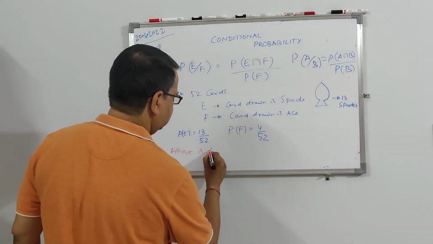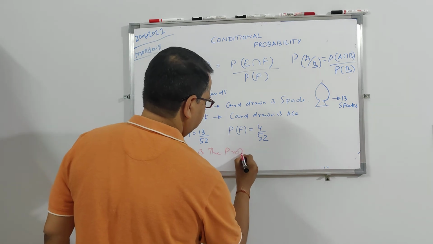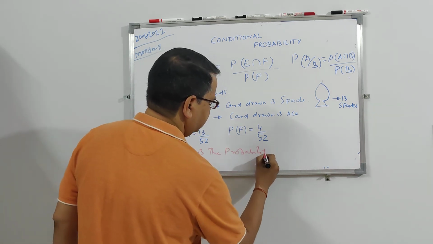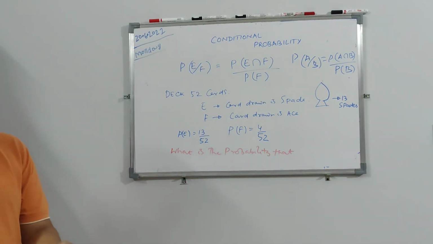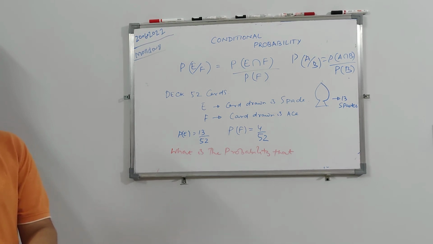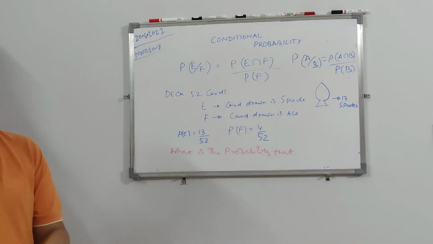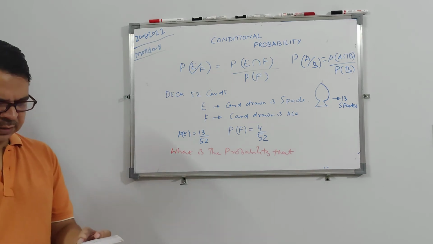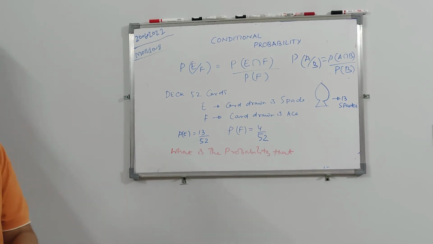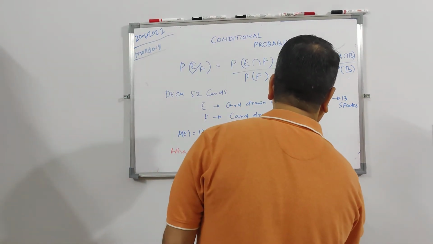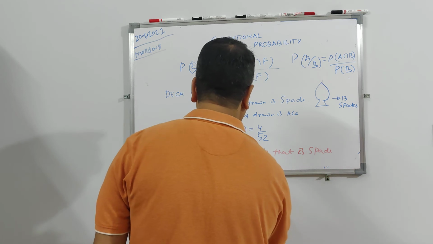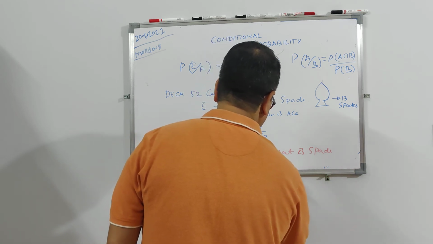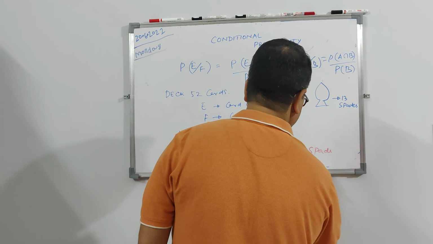What is the probability that the card drawn is a spade, given that it is an ace?